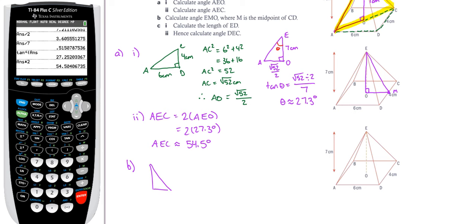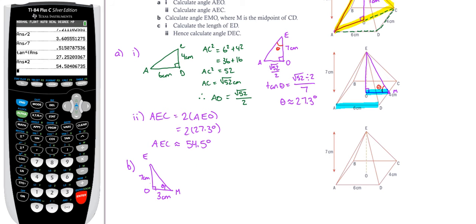And the nice thing is I do know a lot about this triangle already. So if I give myself a little sketch here, I have E, O, and M. I know OM is going to be half of the base length here, which means OM is going to be 3 centimeters. And EO, I already know, is the height, 7 centimeters, and the angle I'm interested in is the one at M. So this one's easy, no additional work required.